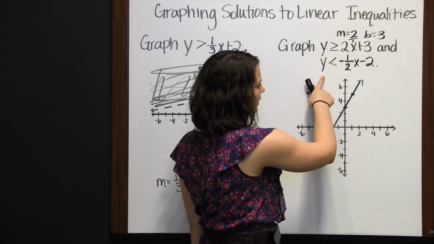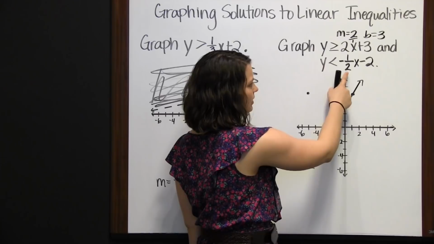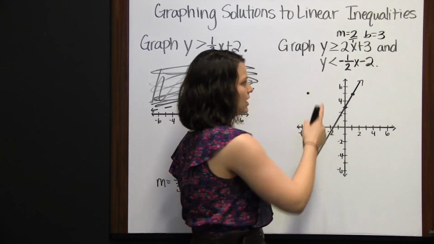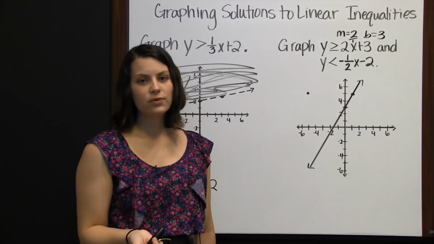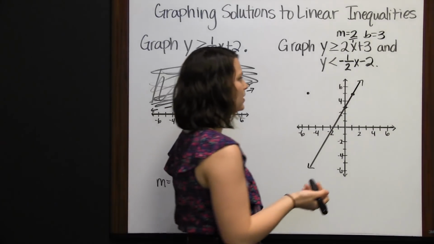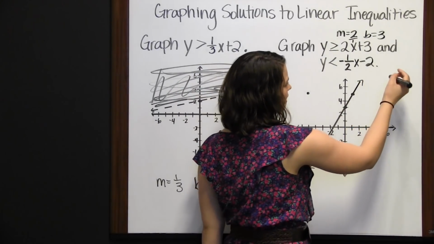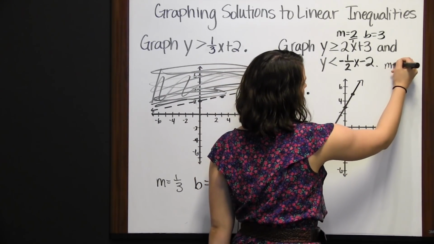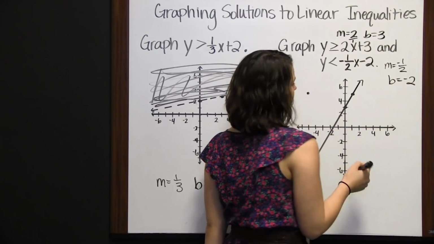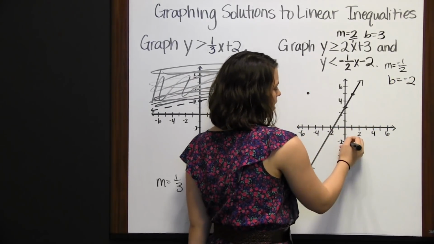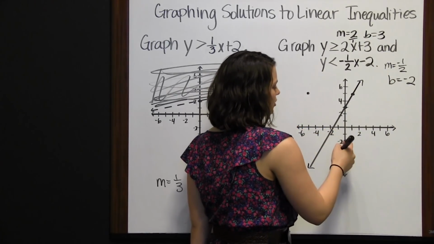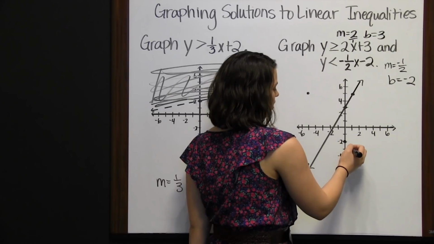So this next line is y is less than negative 1/2 x minus 2. Since it's just less than, not less than or equal to, that means we're going to be using a dashed line again. And again, it's in slope-intercept form, so our slope is negative 1/2 and our y-intercept is negative 2. So start with the y-intercept, negative 2, and then use your slope to find your next point.